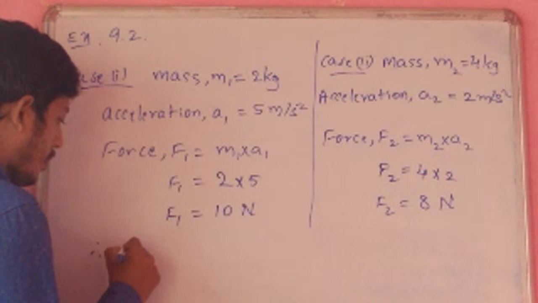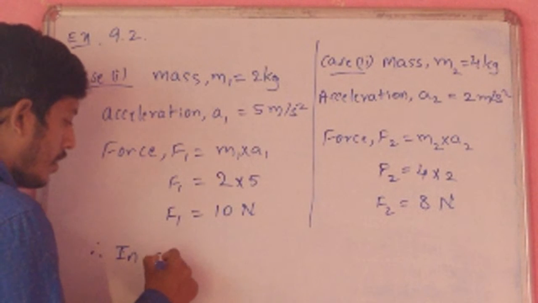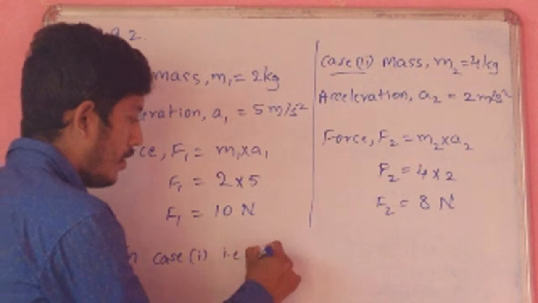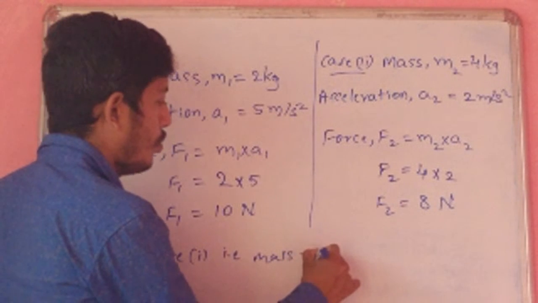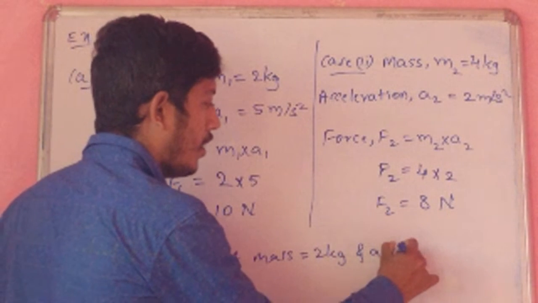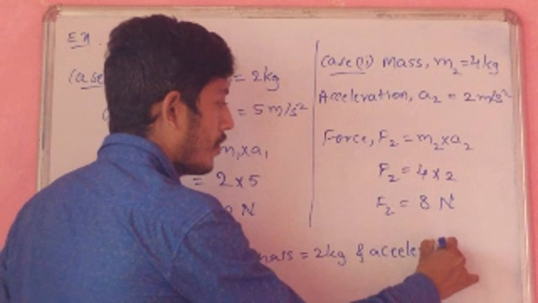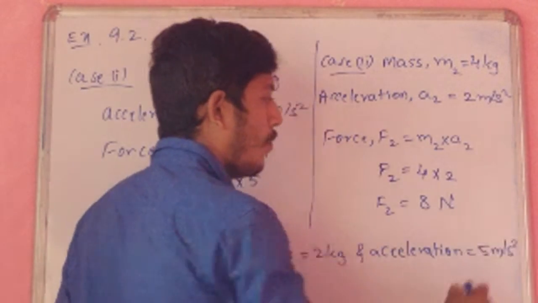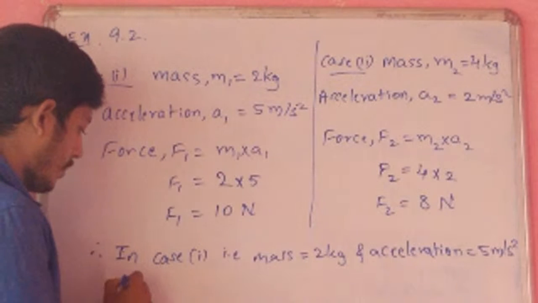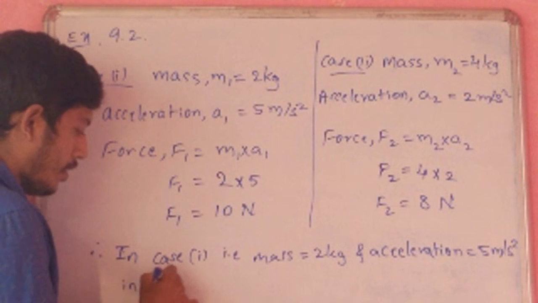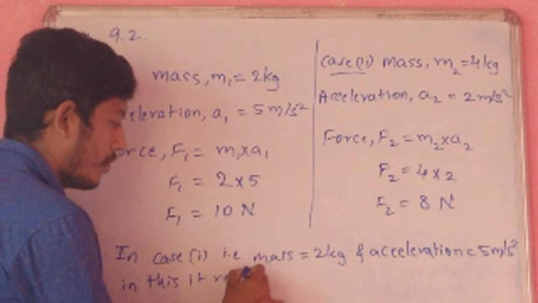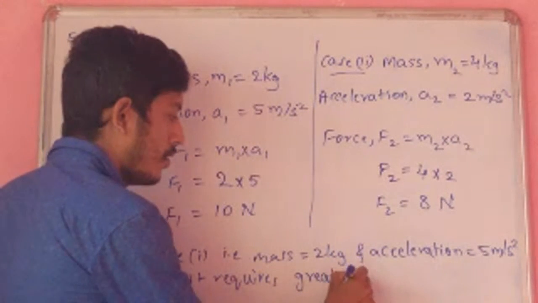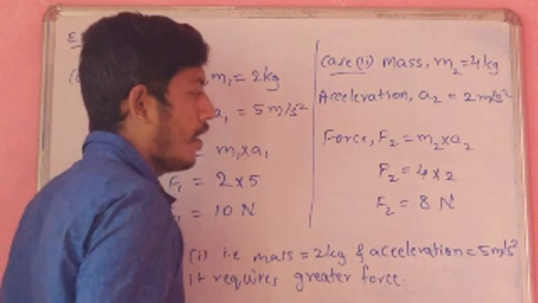Therefore, in case 1, that is mass equals 2 kg and acceleration equals 5 meter per second square, it requires greater force.